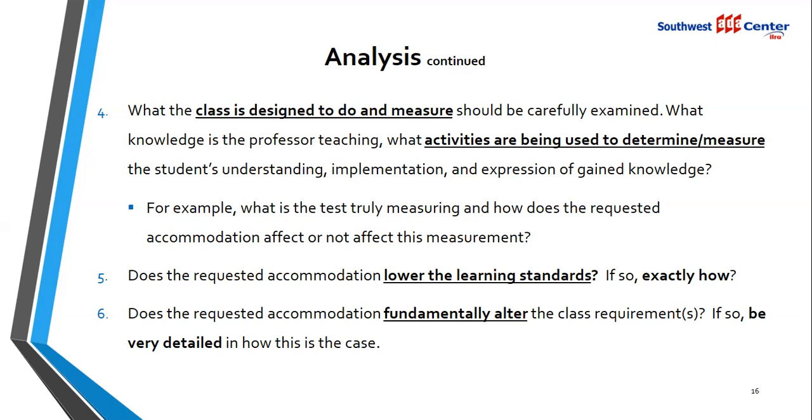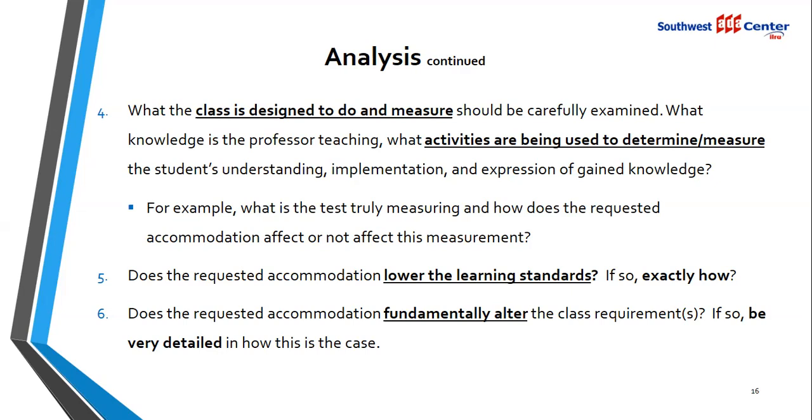It's not going to give the information of the understanding, the implementation, and the expression of the knowledge gained by that student. That's why those barriers must be removed, so that the instructor can actually get to what it is that they are trying to assess, what they're trying to measure.